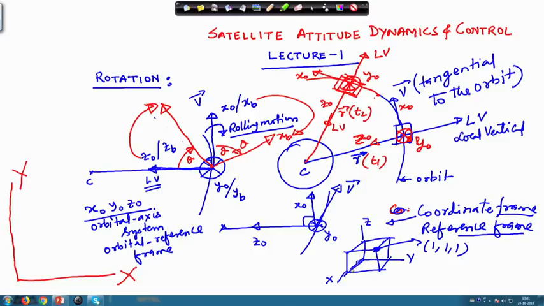Basically, with respect to the coordinate frame we describe the position of a particle, and the equation of motion will not enter into that. So we will make this distinction: the coordinate frame stands only for the description of the location of the particle, while the reference frame stands for describing the motion of the particle.